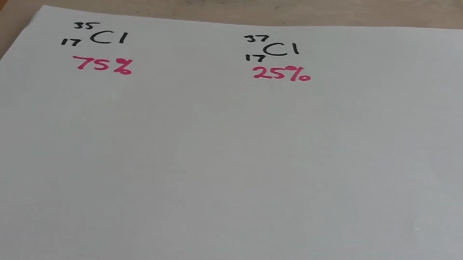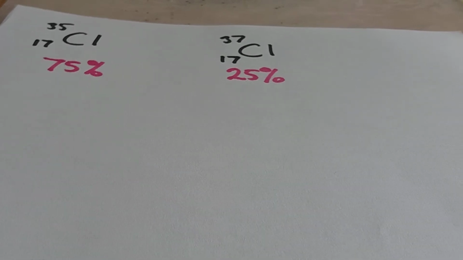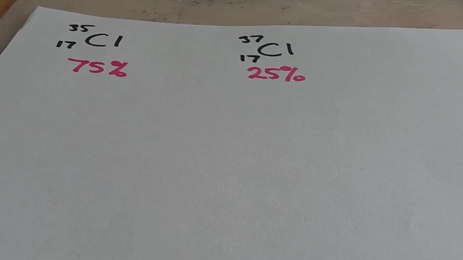Now, my second calculation, as I said, was to work out the average relative atomic mass. Now, chlorine consists of 2 isotopes, chlorine 35 and chlorine 37. Now, naturally occurring chlorine contains 75% of chlorine 35 and 25% of chlorine 37. So the average relative atomic mass is a combination of these two.